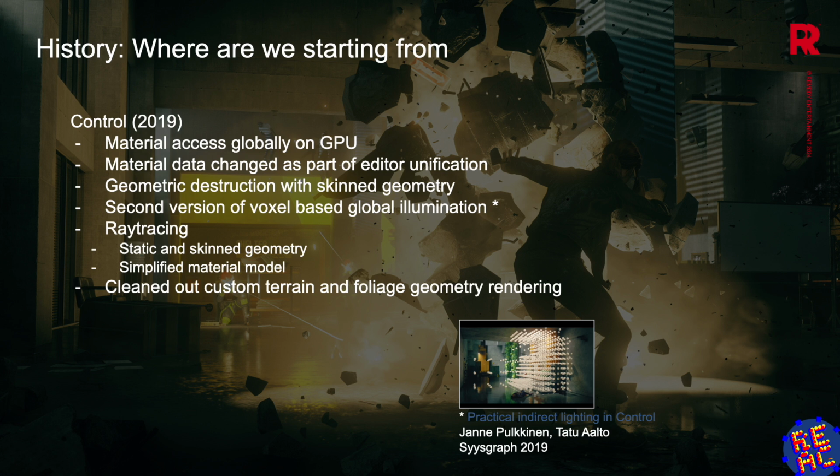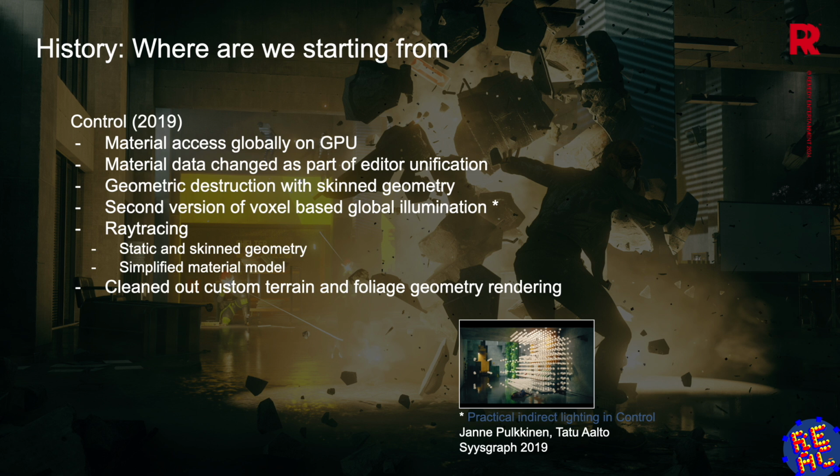We absolutely didn't have time to open the can of worms in order to redo geometry drawing. So we filled CPU cores with draw call building and concentrated on making materials and light play together as well as possible. This really paid off and we were able to pack Control with an updated material system that was able to cater to needs that materialized in the form of ray tracing.